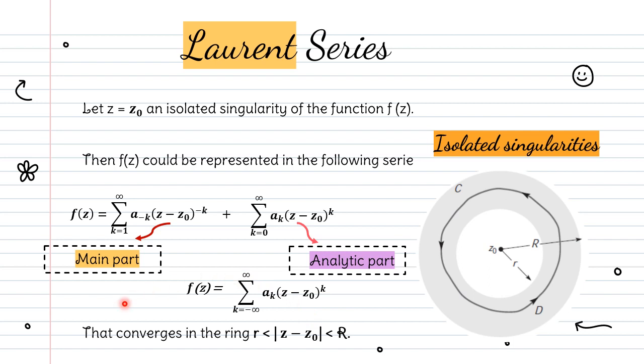And this whole expression means that the smaller radius is going to be less than the modulus of z minus the singularity c sub 0, and that's going to be smaller than the bigger radius. So basically this Laurent series converges in this ring.